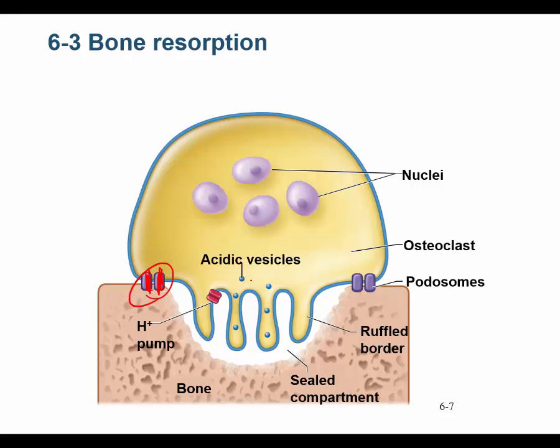And then when they secrete their enzymes and acids right here, those enzymes and acids don't go anywhere. They are a sealed compartment, as it's telling you. And it only digests the bone in this resorption bay right here. This is called a resorption bay. So that's how osteoclasts keep from hurting neighboring areas, and they only digest the one little area that they're sealed off.